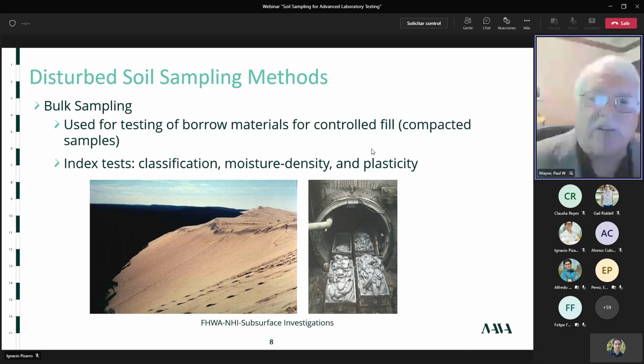Maybe you'd like to compact this. So these are just large samples of the material itself, but not in a pristine condition, not with all the fabric and structure of a natural soil. So these are not appropriate for advanced laboratory testing. Next.